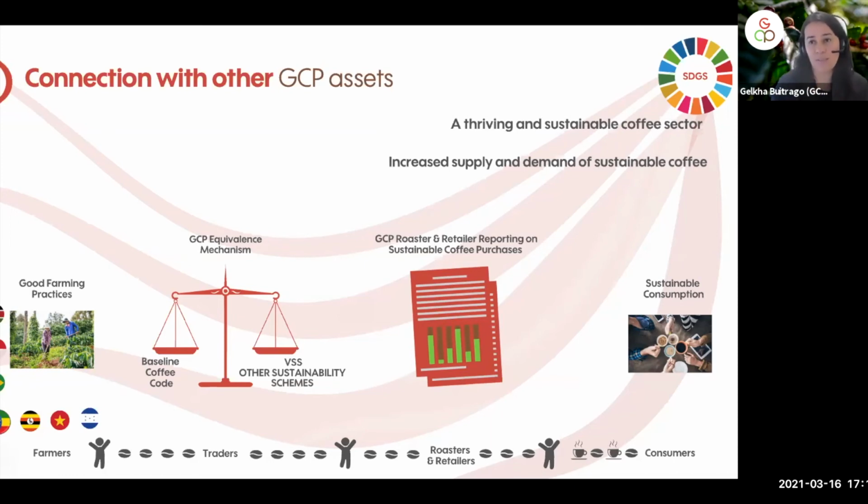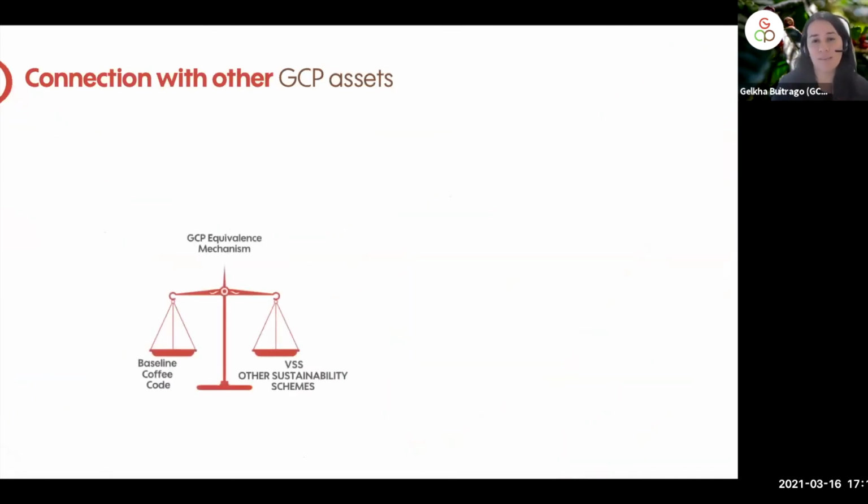Another piece of work that the Baseline Coffee Code underpins is the equivalence mechanism. The equivalence mechanism is a framework that we have developed to assess if sustainability schemes or programs, either public, civil society-led, or from the private sector, can be considered equivalent to the Baseline Coffee Code.